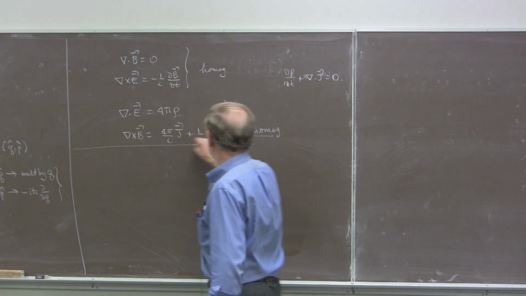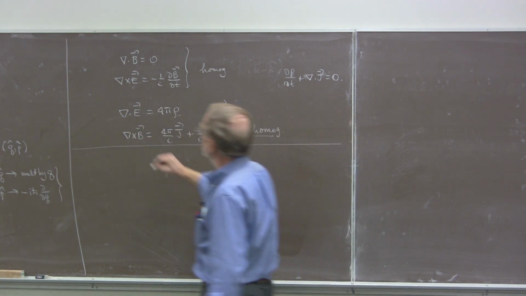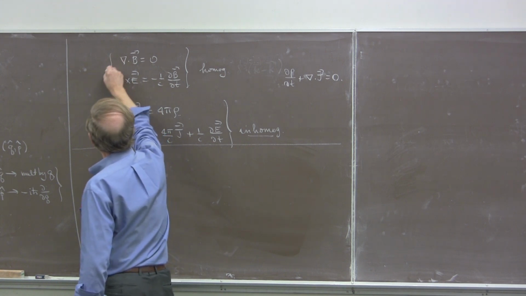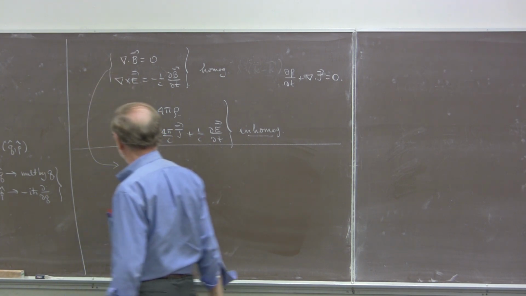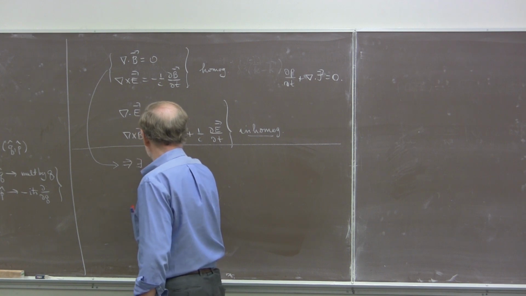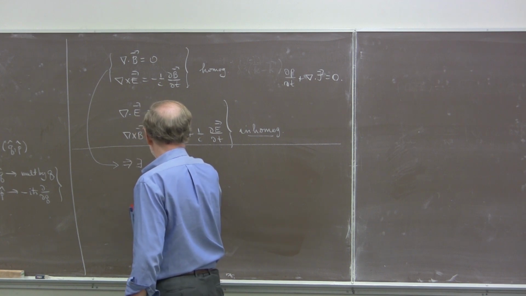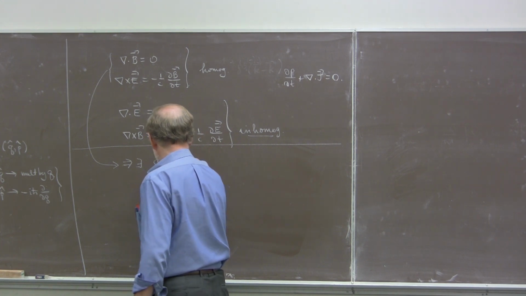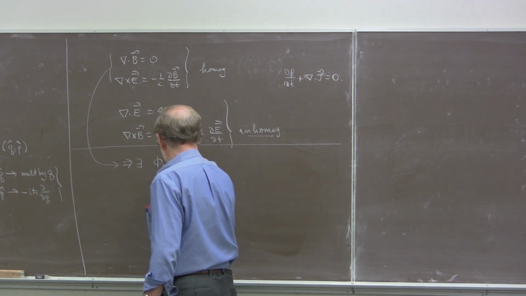Now then, the homogeneous Maxwell equations, as you all know, imply the existence of scalar and vector potentials, the phi and the A, such that the electric and magnetic fields are given in terms of the potentials.